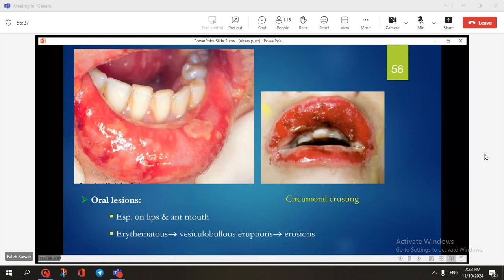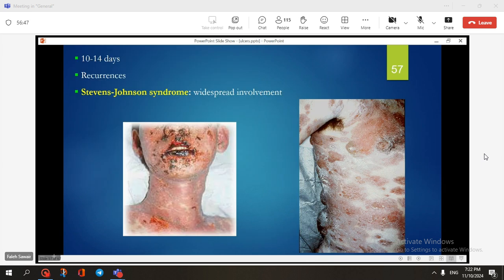And we have the oral lesions. They are non-specific, causing widespread erosions. And the patient also will have circumoral crusting. And this circumoral crusting, as you remember, we saw it also in cases of herpetic gingivostomatitis. The severe form is called Stevens-Johnson syndrome, with more severe erosions and ulcerations in these patients.